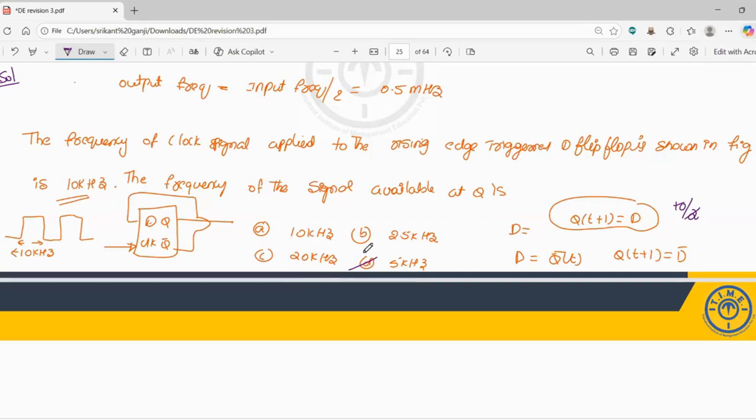Okay, so this is GATE 2015 set number 2.